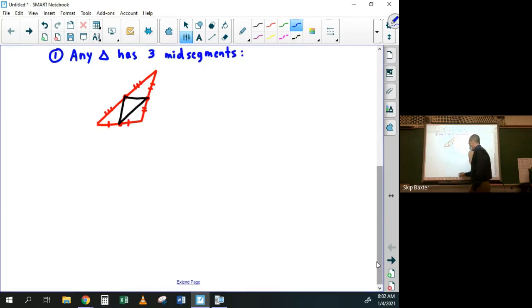Another important fact then is that when all 3 mid-segments are drawn, it splits the triangle up into 4 triangles that are all congruent to each other. Okay?